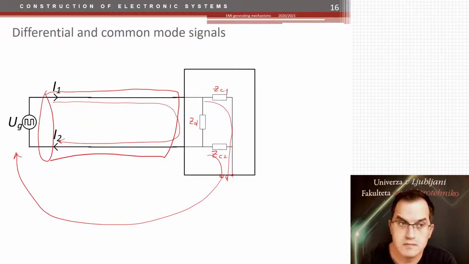Well, the reasons are several. One of the reasons is that the case of that device is grounded, and the source is grounded as well. Then we surely have a third path through that ground connection. What if we have a floating device, so that there is no ground here and there is no ground here?